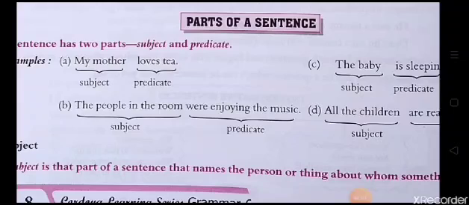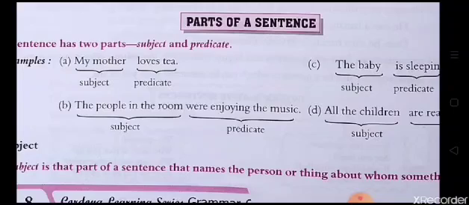Tom Hanks is a well-known actor. So now Tom Hanks is the subject and is a well-known actor is the predicate. The car is driving at a great speed. Here the car is the subject and is driving at a great speed is the predicate.